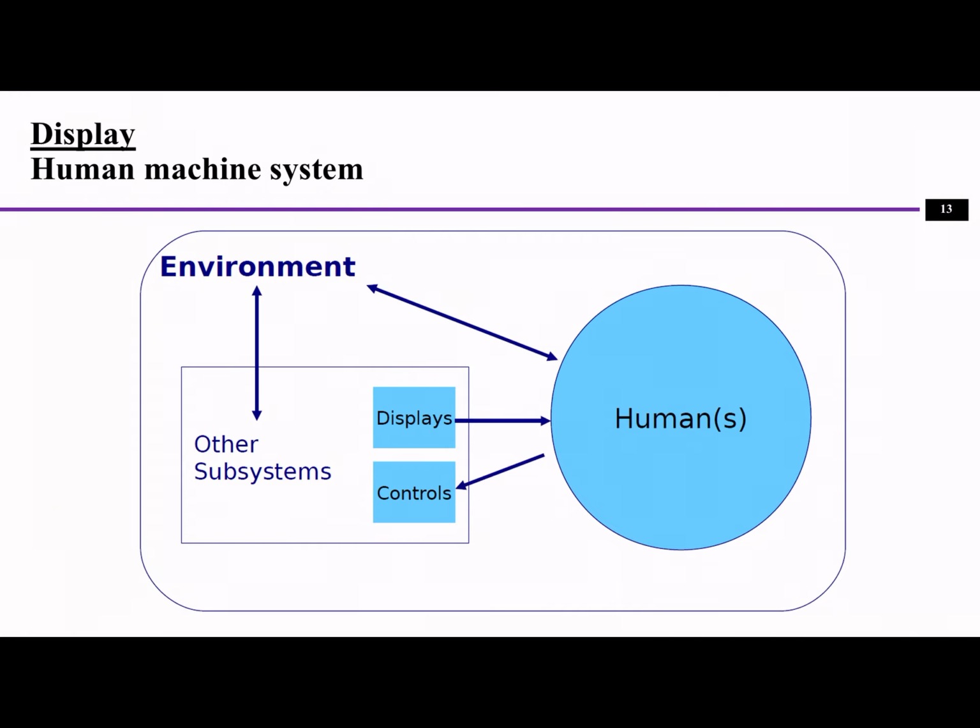For display, the display is actually a big topic because there are a lot of really complicated things when you are designing displays, and many principles you might want to follow in order to design a very ergonomic or human friendly visual display.